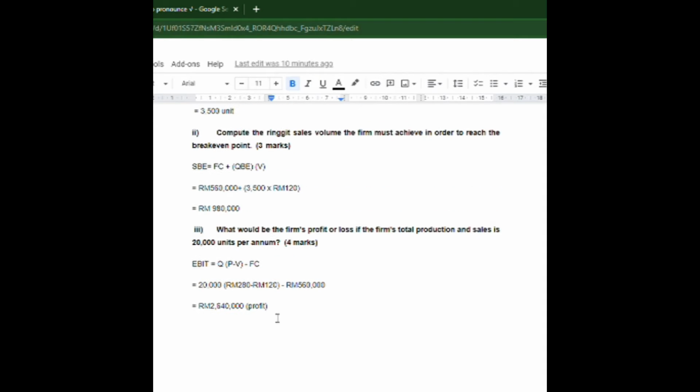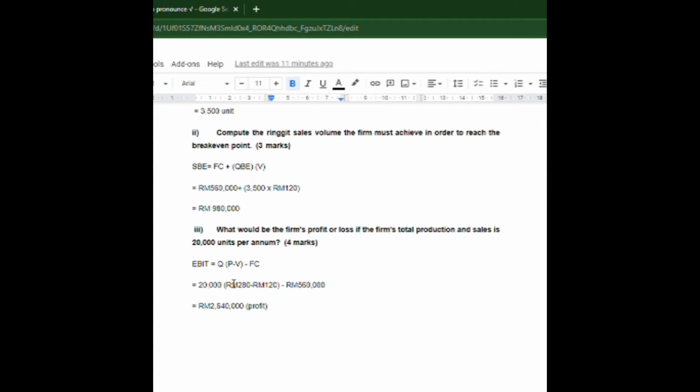Number 3, what would be the firm's profit or loss if the firm's total production and sales is 20,000 units per annum? So the formula required is EBIT, which is Q times P minus V, minus FC. Q is quantity, 20,000 units per annum.